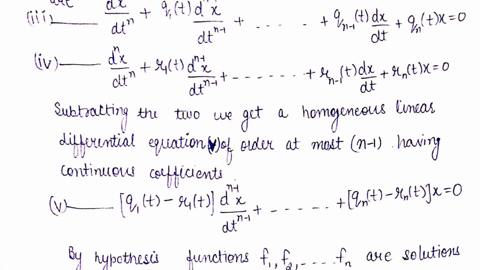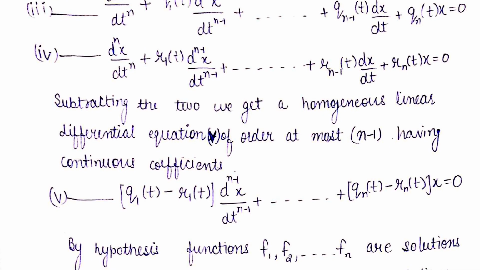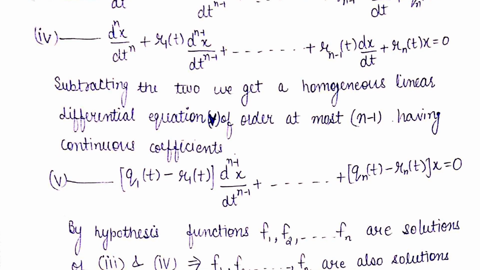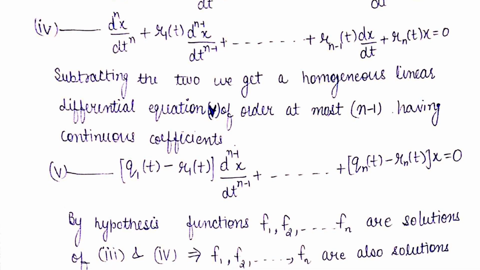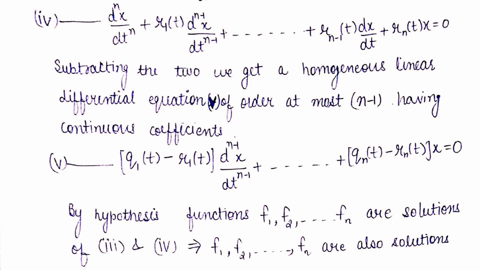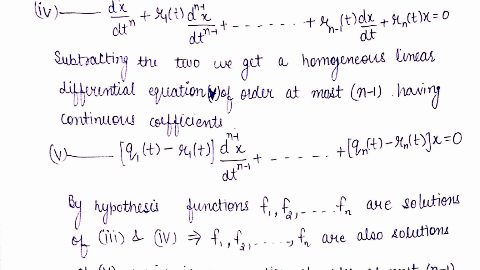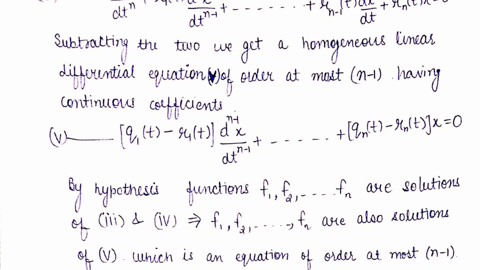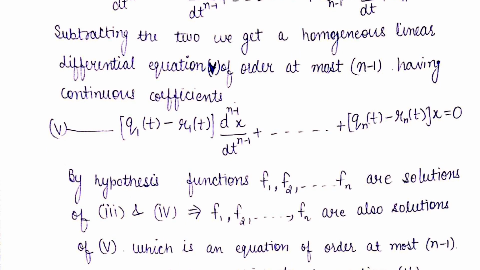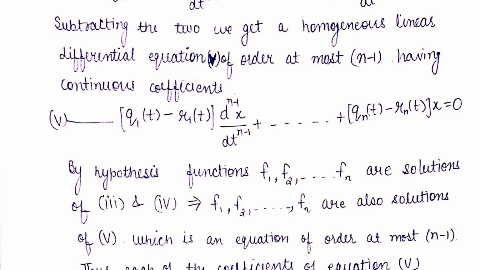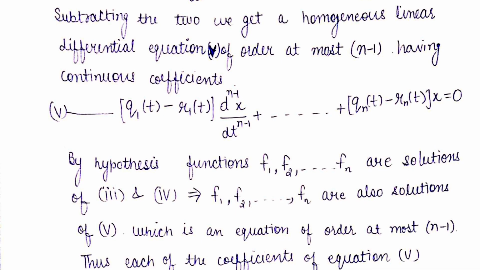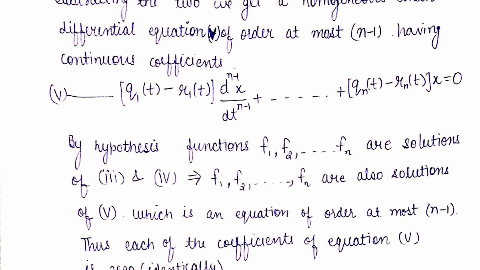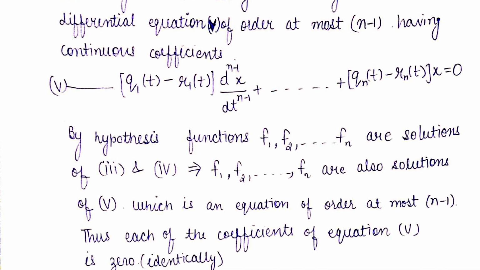Now subtracting the two, we get a homogeneous linear differential equation 5 of order at most n minus 1 having continuous coefficients, because when you subtract, the terms d^n x by dt^n get cancelled in both the equations, and thus you get the equation marked as 5, where the leading coefficient of the (n minus 1)th order term is q1(t) minus r1(t).